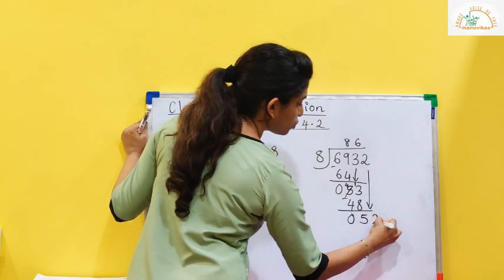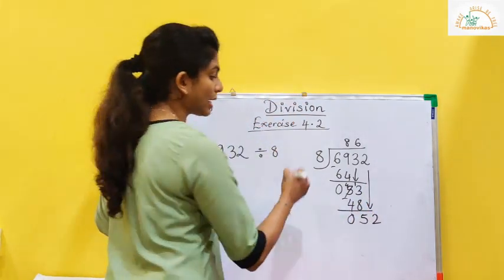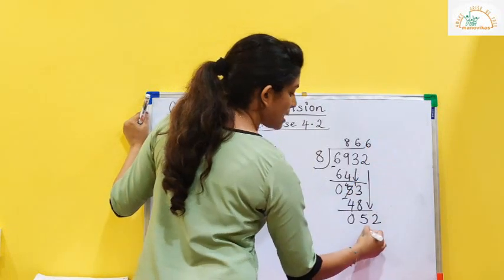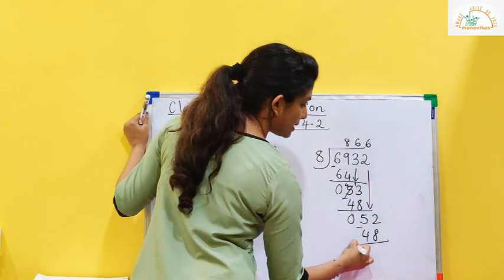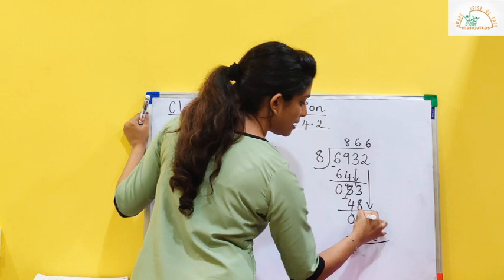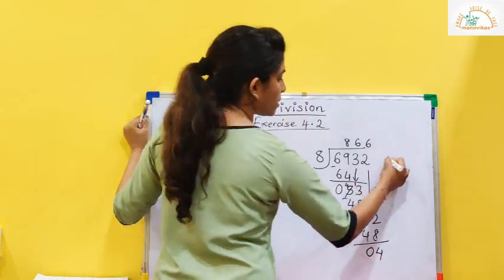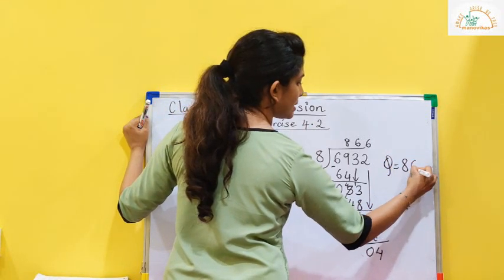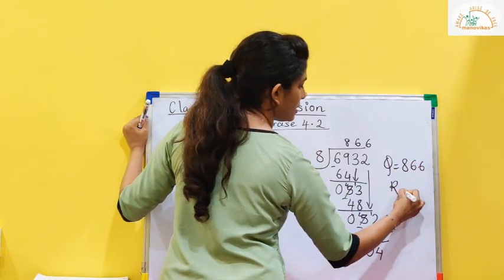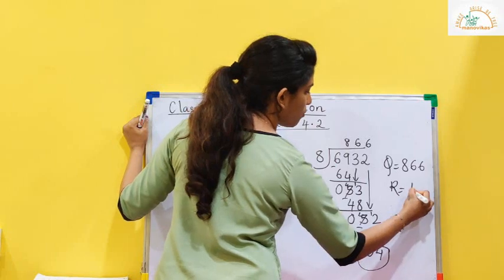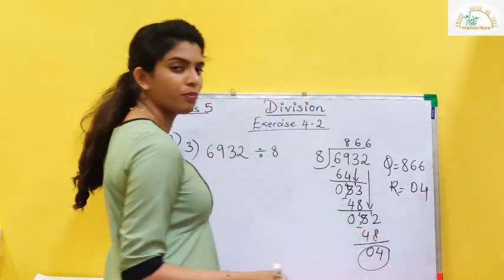Bring down 2 to make 52. Again 8 6s are 48. I get 4. Okay. Now the quotient here is 866 and the remainder here is 04.